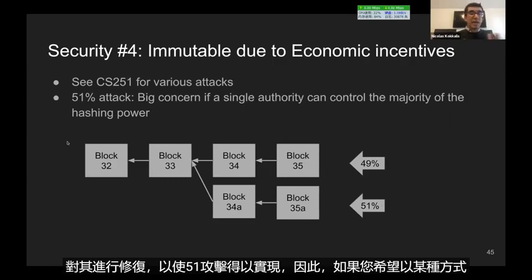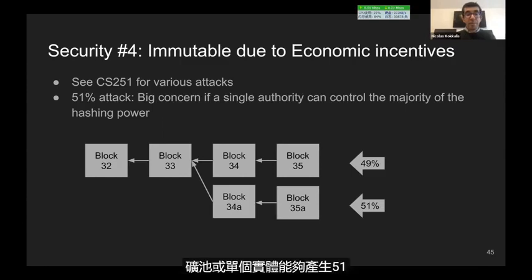Somehow, a mining pool or a single entity managed to produce 51% or more of the hashing power of every given second of the whole collection of all miners of Bitcoin. That means this entity would be producing 51% of the blocks, versus everyone else producing 49%.